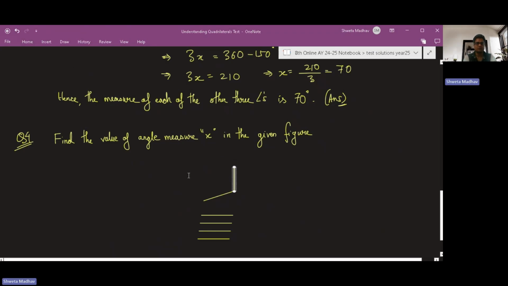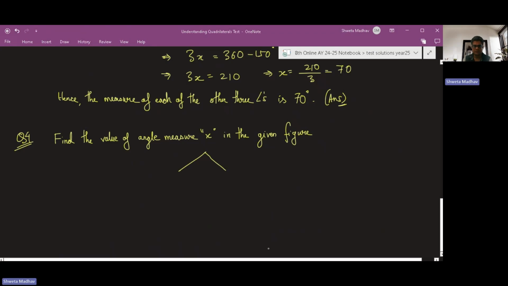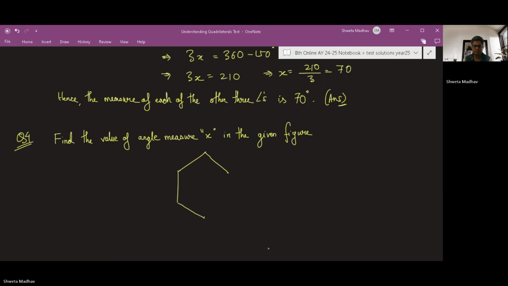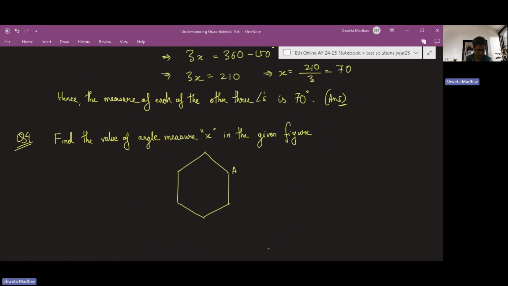Okay, so the figure is somewhat like this. So it is a regular hexagon.